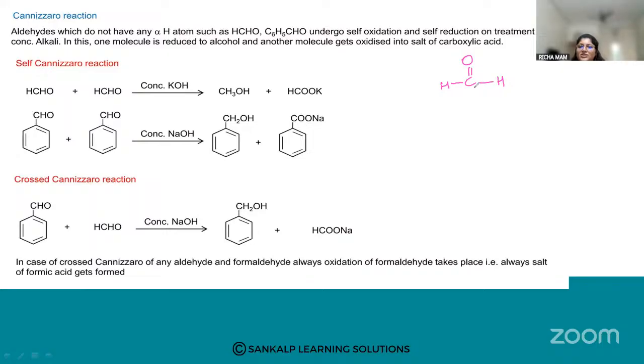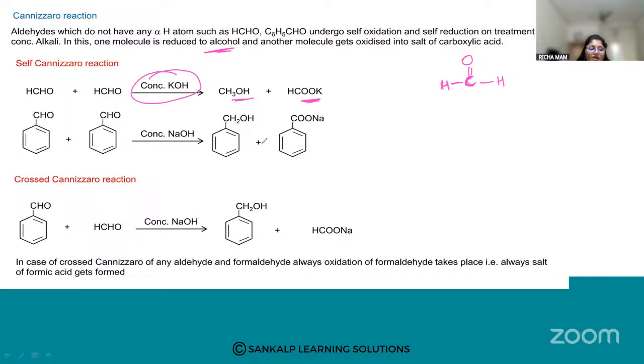There is no such alpha hydrogen atom here, because alpha hydrogen means that beside the carbon there should be a carbon, and to that carbon the alpha hydrogen is attached. So there is no alpha hydrogen. It takes place in the presence of an alkali. So what are you going to get? One will be an alcohol, so it is reduced to alcohol, and another is the salt of carboxylic acid.